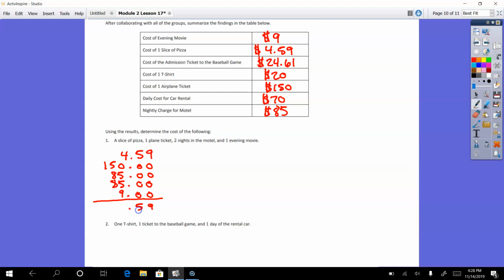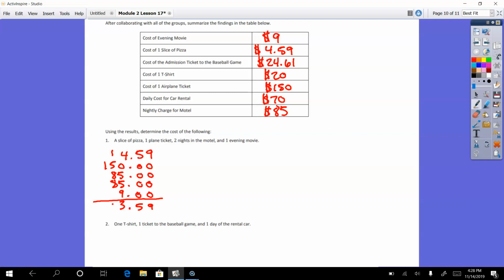9, 5, decimal. That's 10. That's 9. It's 19, 20, 21, 22, 23. Carry on 1. 8 and 8 is 16, 17, 18, 19, 20, 21, 22. Am I getting the right number here?